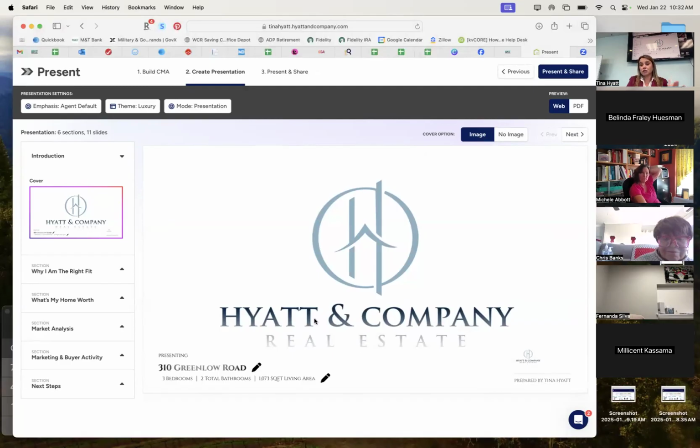But you could create your own branded look to the front to match the branded look of your social media posts, your open house posts, whatever you're using as your common branded theme for yourself. Maybe brand your listing presentation to match it, so that now everything is coordinated, right?